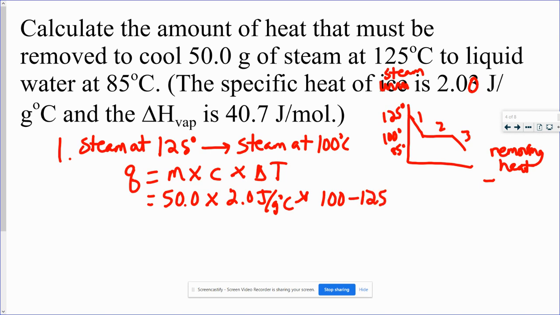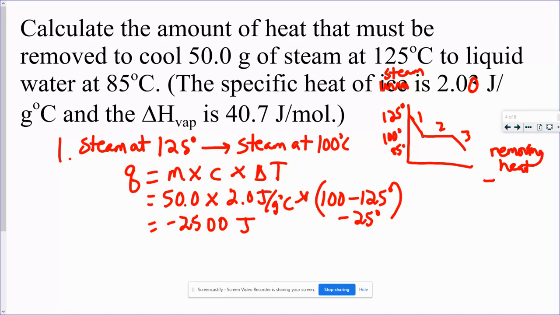So this is where I'm going to get my negative sign. That's going to be a negative 25 degrees. So negative 25 times 50 times 2 is negative 2,500 joules. That's how much heat has to be removed to cool the steam from 125 down to 100.